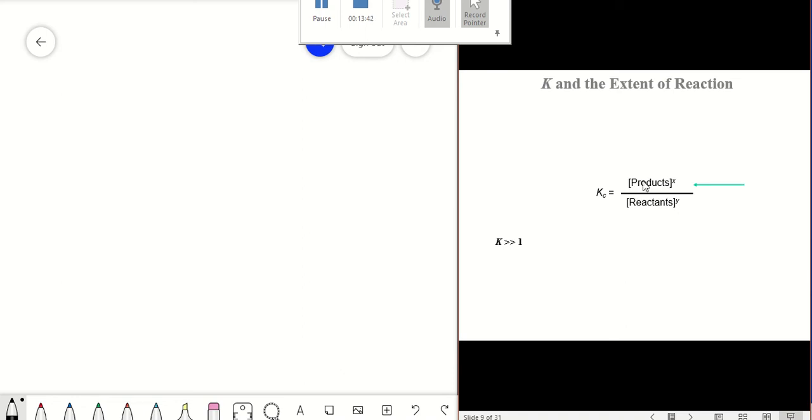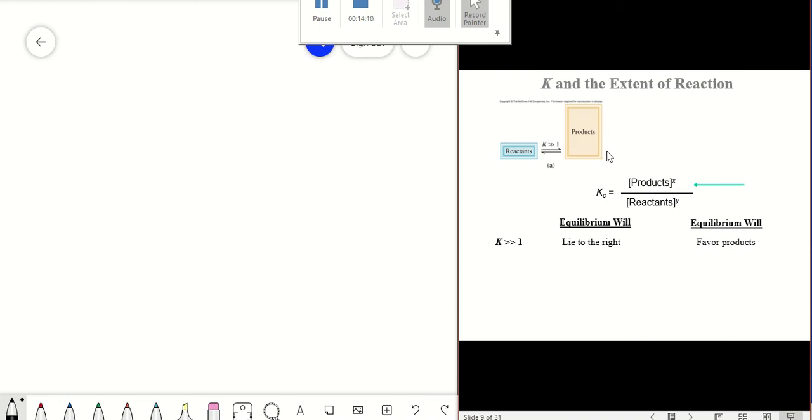That means I will have more products when the reaction reaches equilibrium, and less of the reactants. So I can say that equilibrium will lie towards the right, meaning towards the products. This reaction at equilibrium is going to favor products, right?